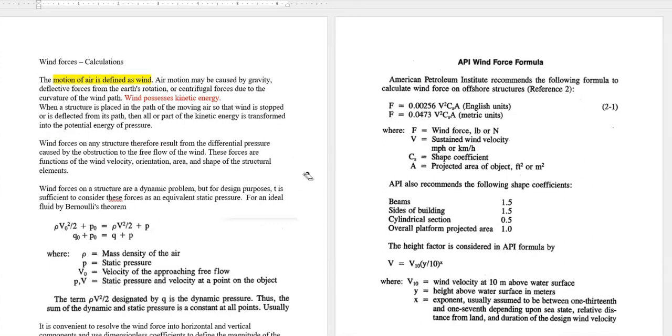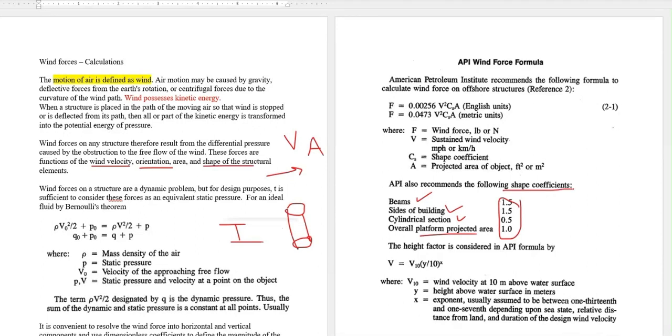Next, if we see, these forces are functions of the wind velocity, orientation, which direction it comes from, and the area and shape of the structural elements. If the shape of the structural elements is tubular or I-beam, or here you can see beams, sides of building, cylindrical section, overall project area, for different sizes and shapes of the structural element, there is something called a shape coefficient.